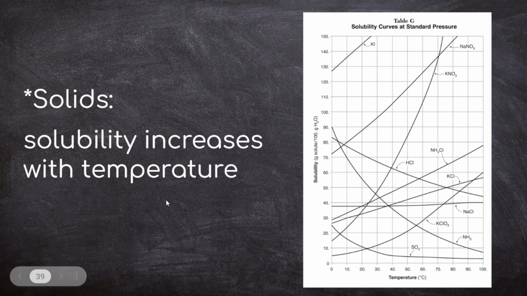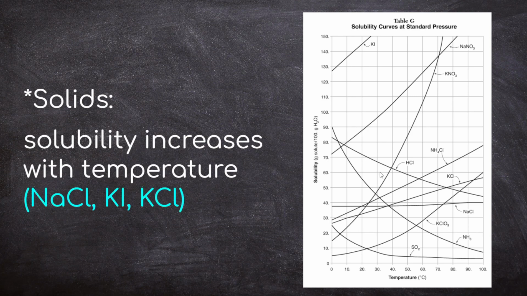So first thing we want to notice is that for solids, solubility increases with temperature because those collisions are increasing. And so anytime you see a curve going up, all of these positive slopes on the graph, those are solids.